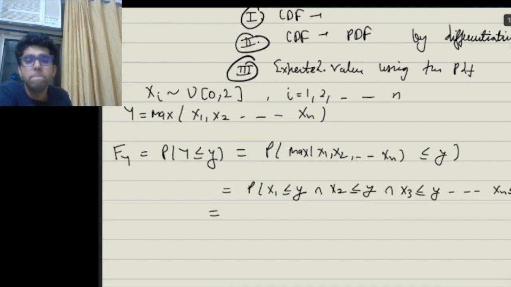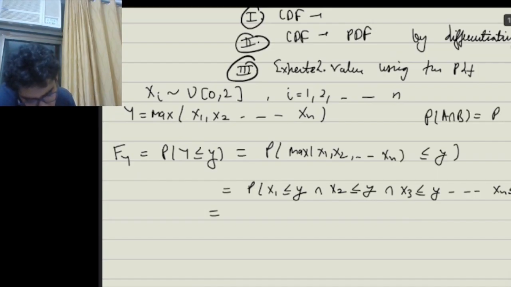Because they are independent and identical, I can write the joint probability as the product of individual probabilities, right? So we already know that the probability of A intersection B becomes probability of A into probability of B when A and B are independent, right?